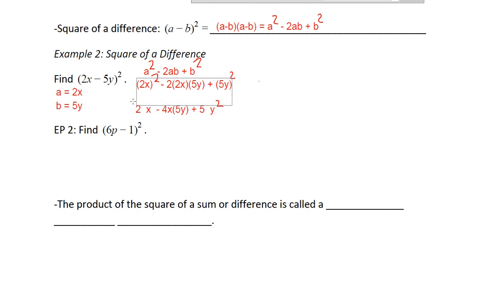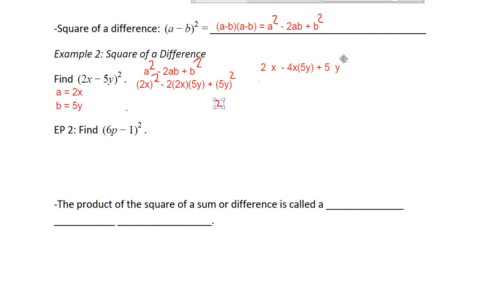Darn it. Sorry, guys. Don't like this. Okay, let's do this. Come over here. This should get a lot smoother as we go along. Alright. Delete. Okay.